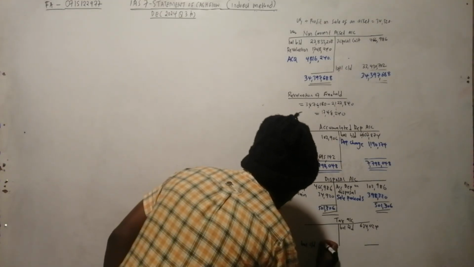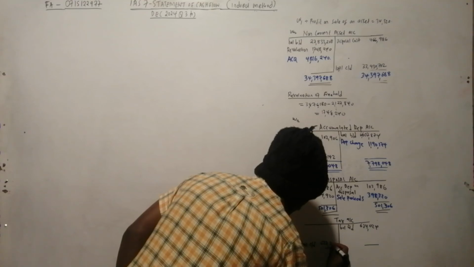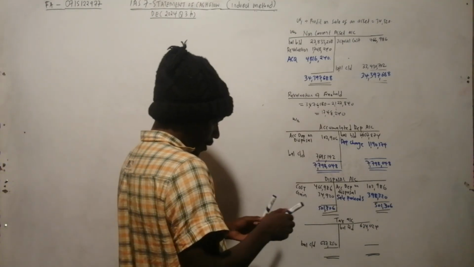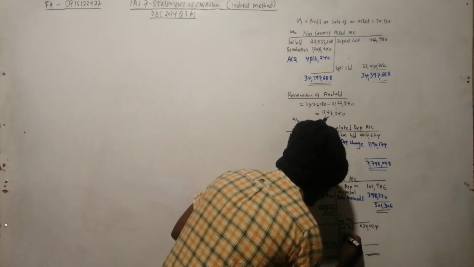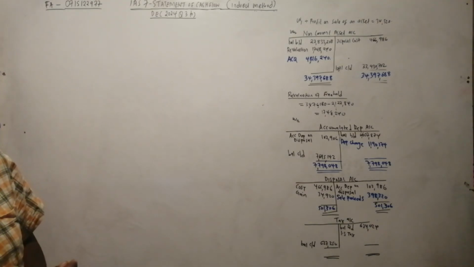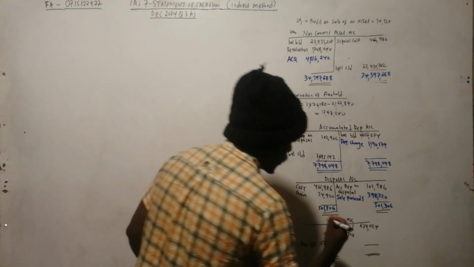Then you go directly up to the income statement provided. There, we have the tax provided, the corporation tax, which they tell us is 820,924. So you write here: income statement tax, from the income statement, 820,924.